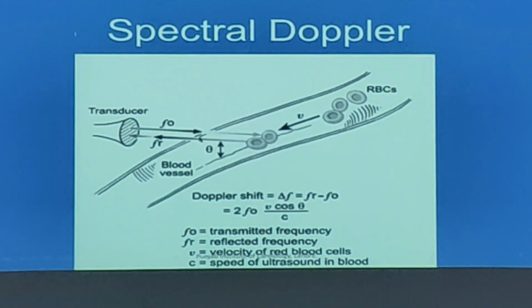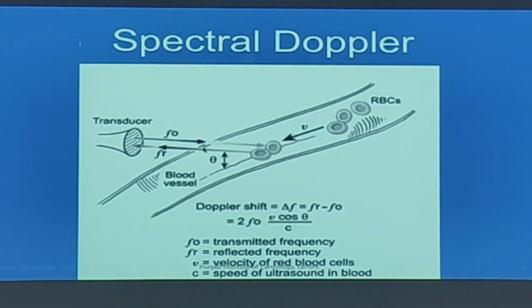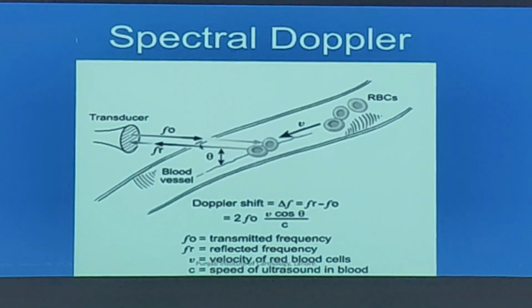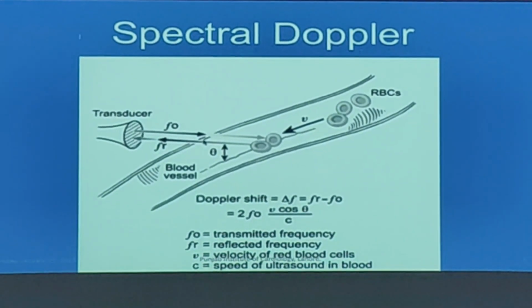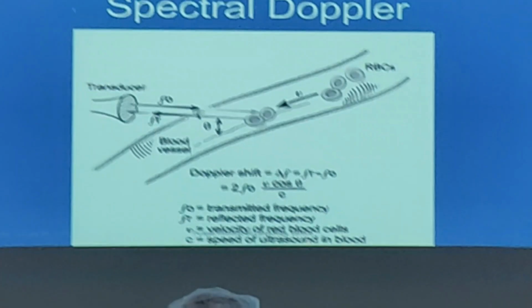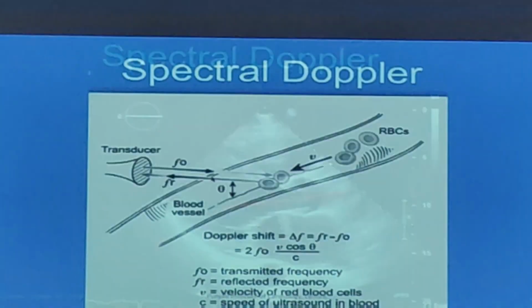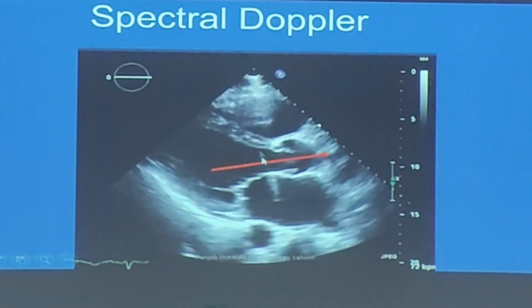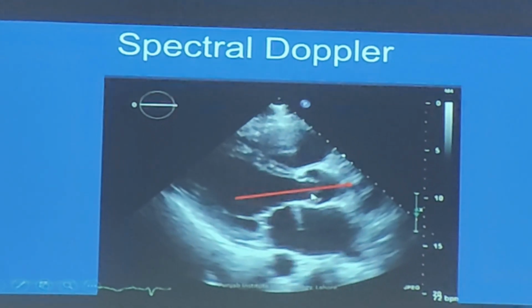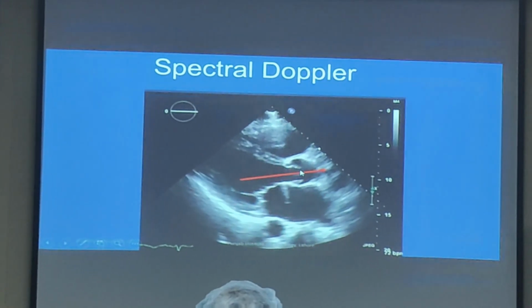So the angle of the Doppler ultrasound, whichever mode you are using, doesn't matter, but it should be parallel to the velocity. For example, this is an echocardiographic image, and this is the LV and this is the aortic wall.